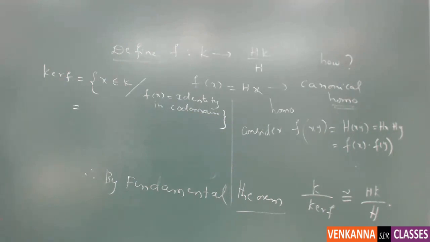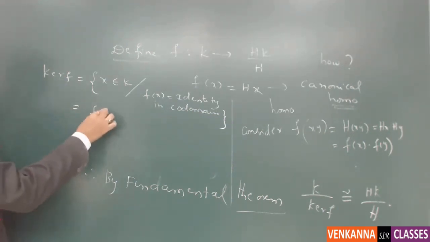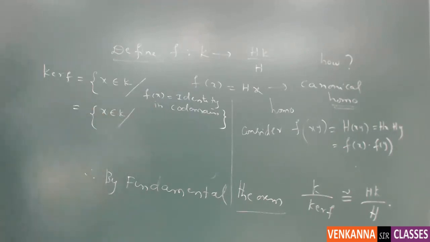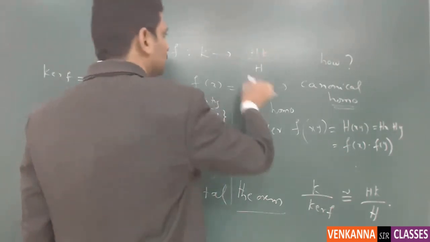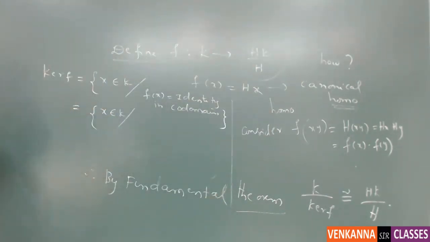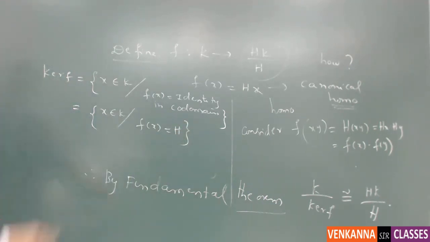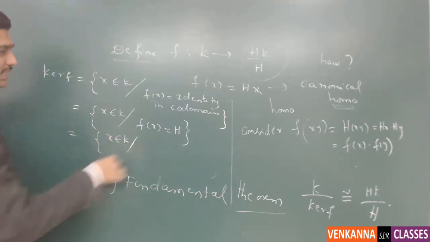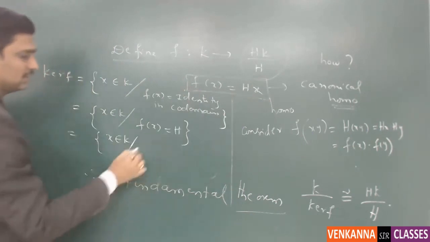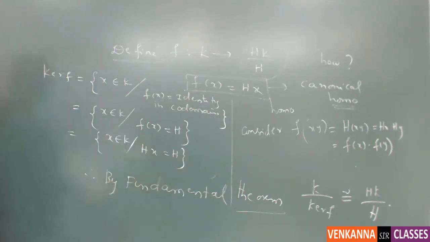This is the definition of kernel F. So this is the set of all x belonging to K such that, in this codomain, the identity coset, because the codomain is nothing but the set of all cosets, is H. So f of x is equal to H. Here, by the definition of f of x, hx is equal to H.